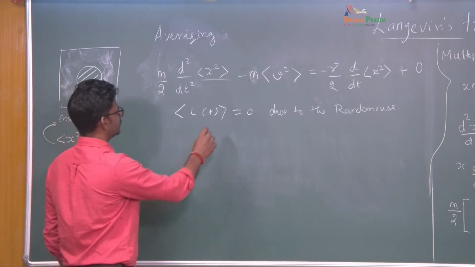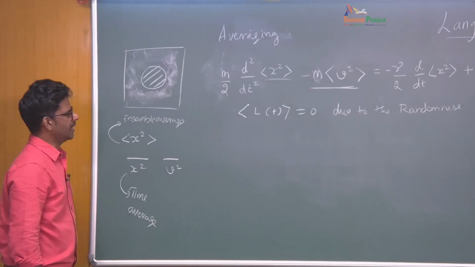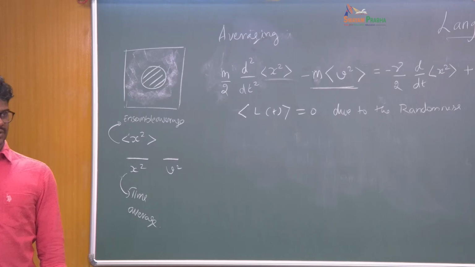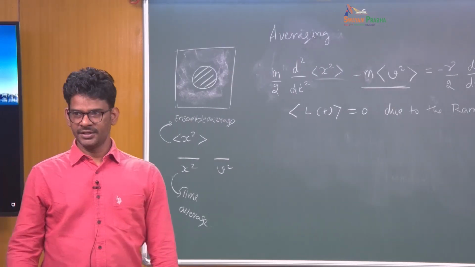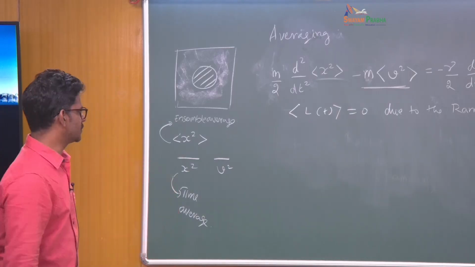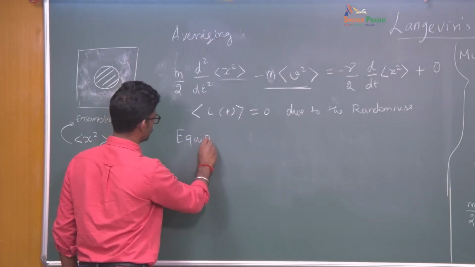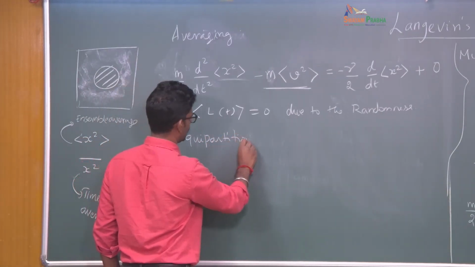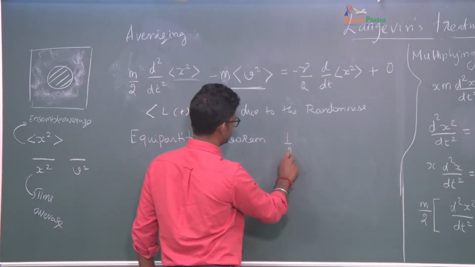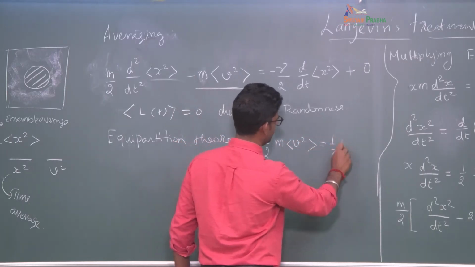Now this particular term, m v square, is related to the mean kinetic energy of the particles, and we know from the kinetic theory of gases that it depends on the temperature. So we apply what is called the equipartition theorem, which says that half m v square is half kBT.